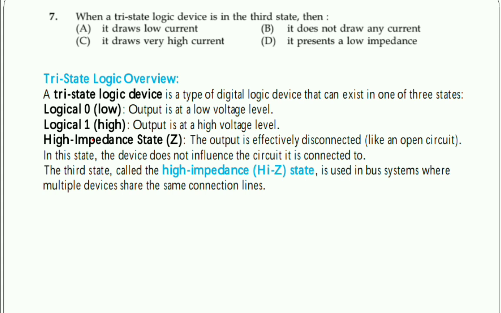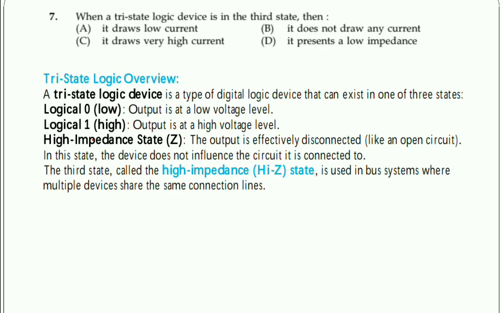The device doesn't influence the circuit it is connected to. It is used in bus systems where multiple devices share the same connection lines. So the third state of the tri-state logic has high impedance, hence resulting in low current. So the correct option is A.